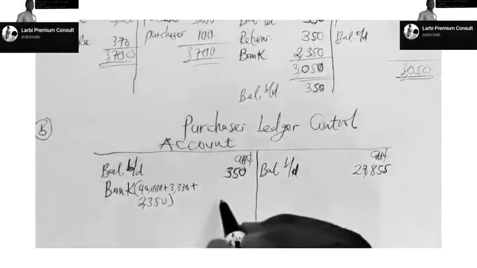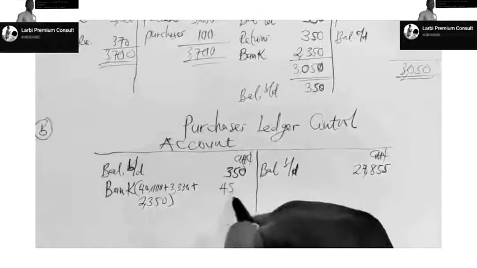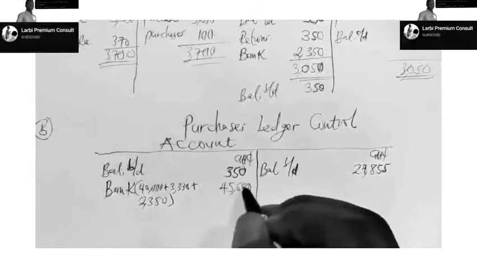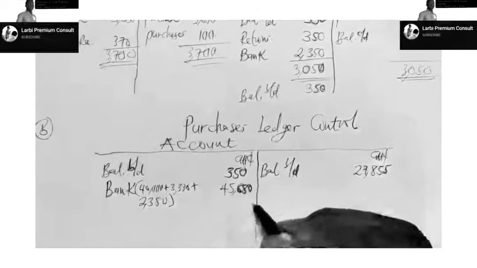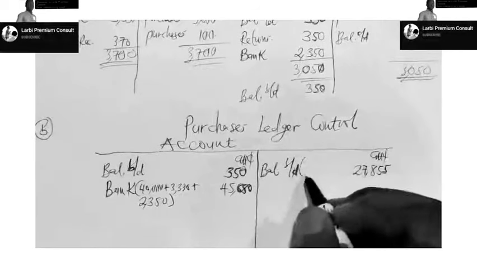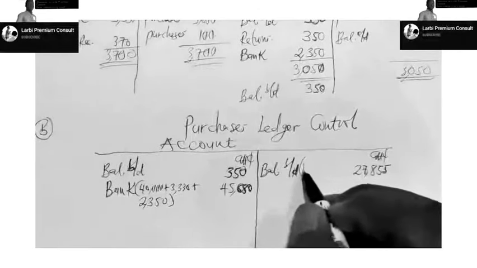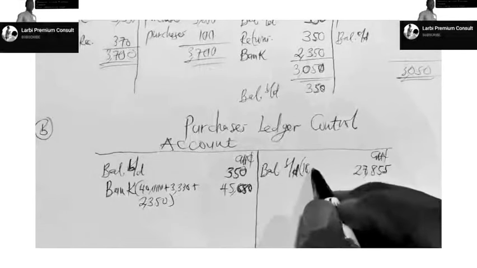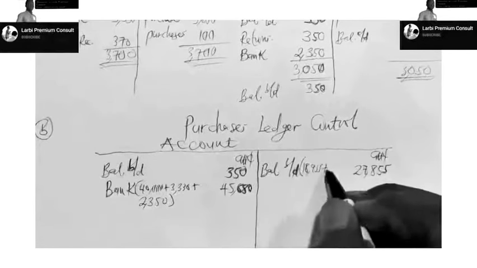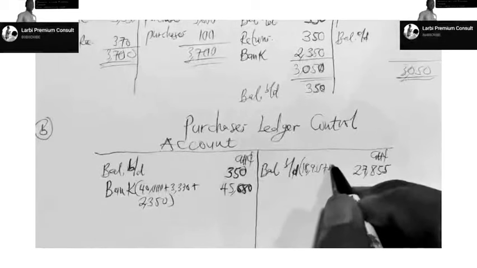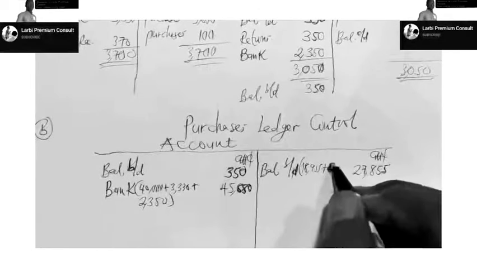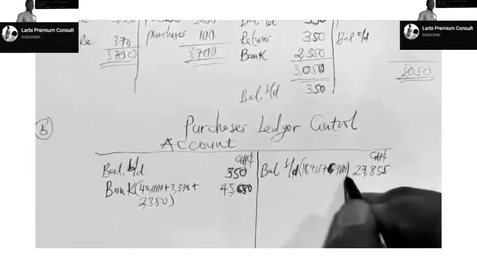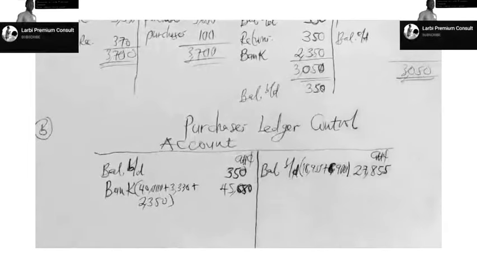So the total will give me 45,680. That's why we also did it for the opening, where we added 18,955 plus 8,900. That's where we're having 27,000. So that's what we're actually doing.